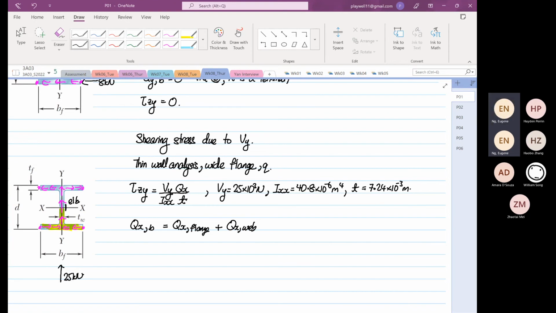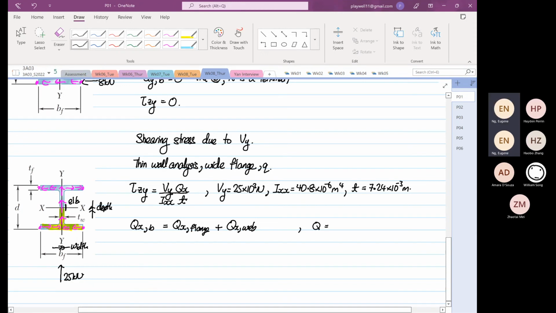So for Ixx, this will be our width, and this over here will be our depth. What I tend to do for Q about the x-axis is width multiplied by depth multiplied by y bar.